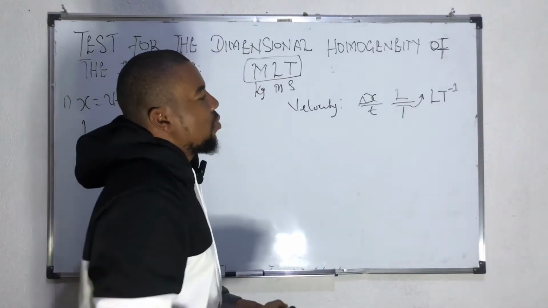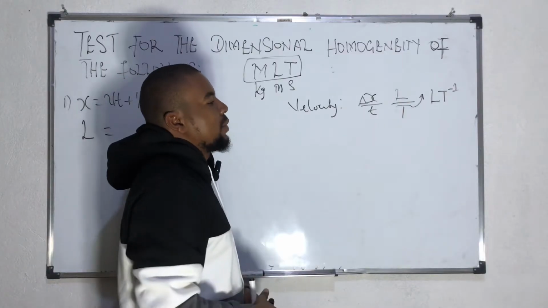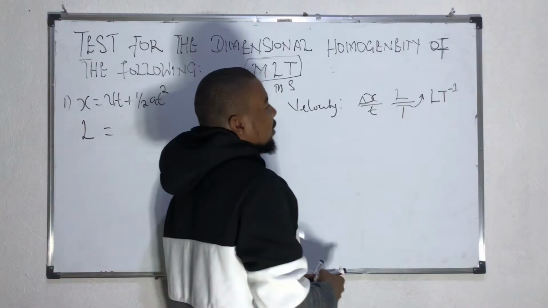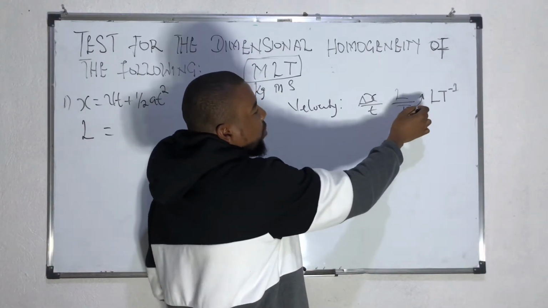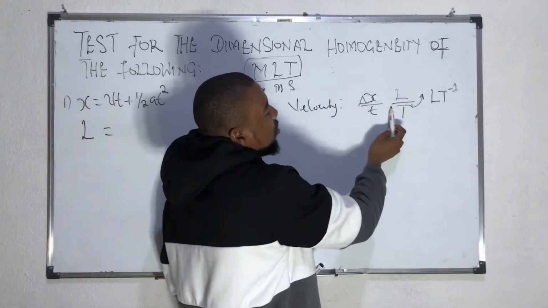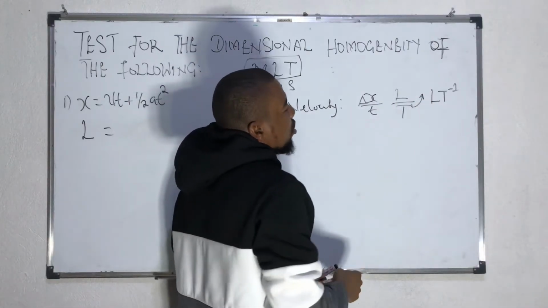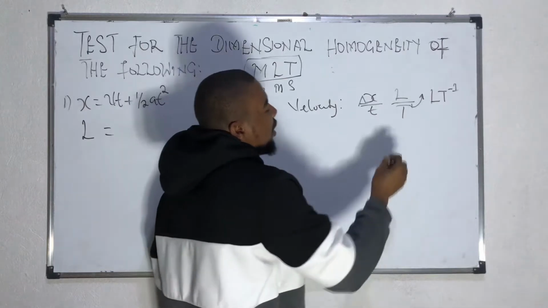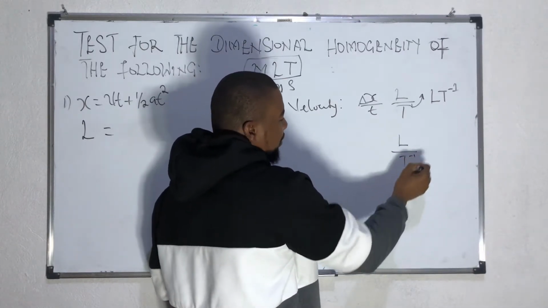So if it's at the denominator, that was why I talked about knowing basic concepts in exponents or laws of indices. If it were at the denominator and it has a positive power, for example the power of 1, if you take it up and remove this line here, it's going to carry a negative sign. So let's assume you have L over T to the power -1.